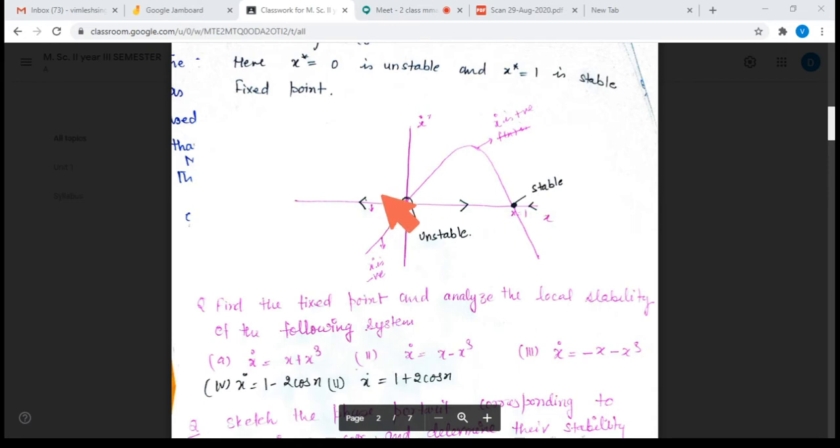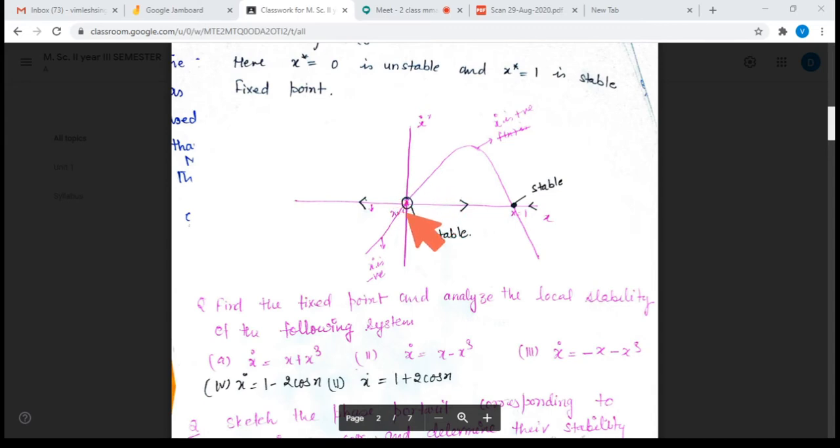From these three arrows we get the stability, or nature, of the fixed points. Check x equals 0, where the blank circle is drawn. One arrow is on the left-hand side and another arrow is on the right-hand side. It means the flow goes away from the fixed point.